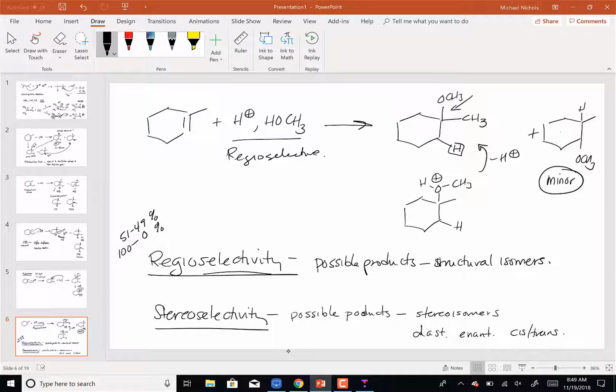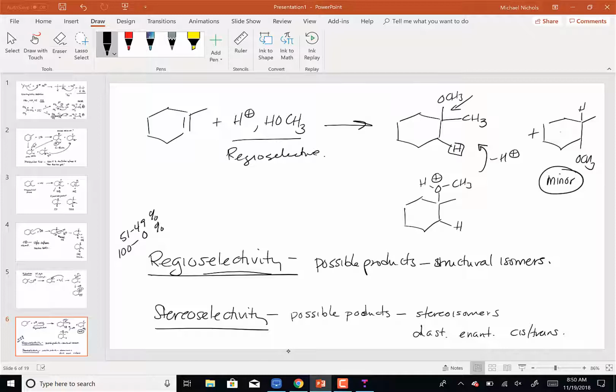And so if I look at this reaction, it's not going to be stereoselective. The first reason you might say is, oh, well, it's 50-50. Right? I can't favor one of the two diastereomers if it's a 50-50 reaction, which is true.